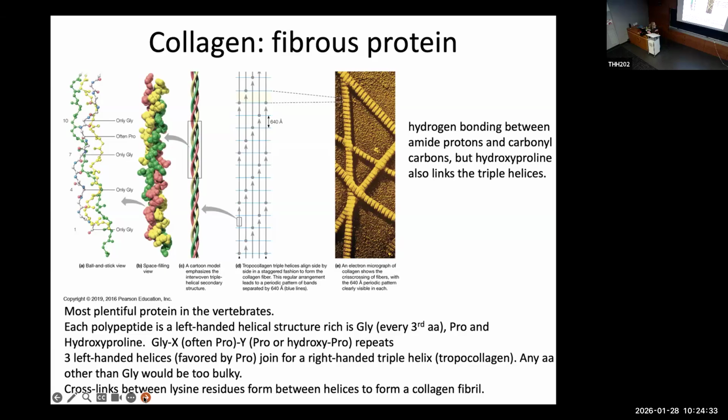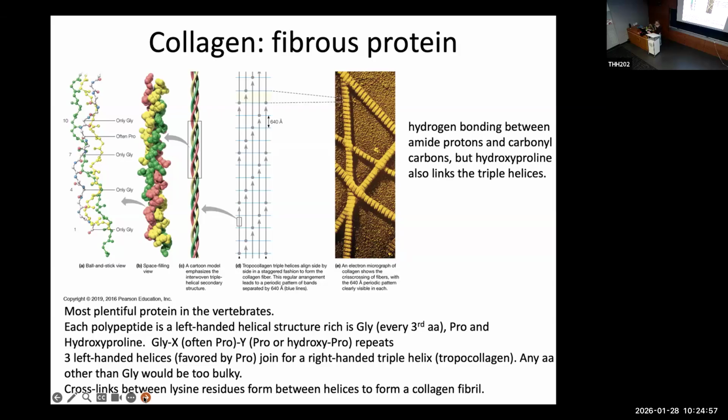And that is held together, we'll look at this in a minute, by hydrogen bonding, highly facilitated by the hydroxyproline group. Okay, we'll come back to that. So that is a tropocollagen, a 3 helix structure.